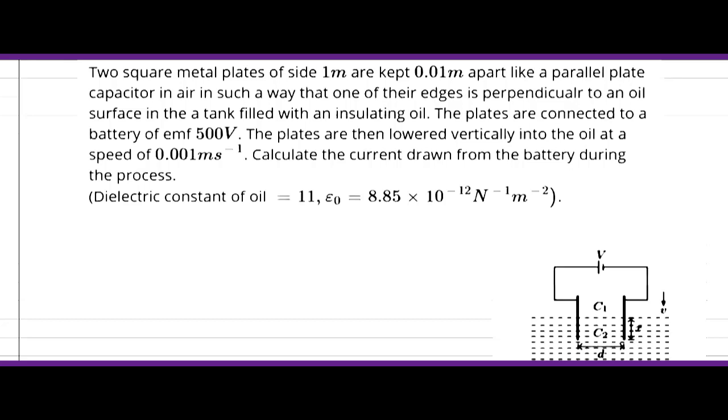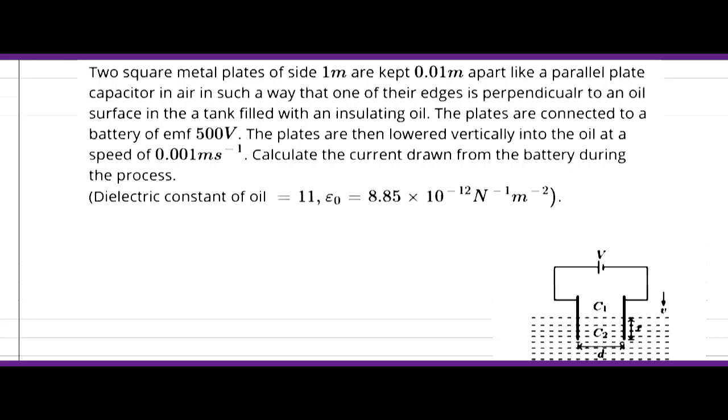So in this question we have to calculate the current drawn, and they have given us the dielectric constant of oil 11, epsilon naught is 8.85 into 10 to the power minus 12 per N m square. So this is our tank which is filled with the oil, and these are our parallel plates, apart by a distance d which is equal to 0.01 meter.